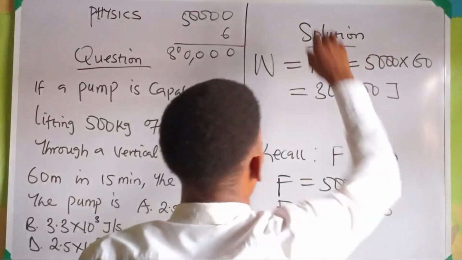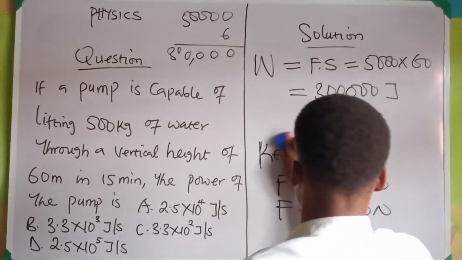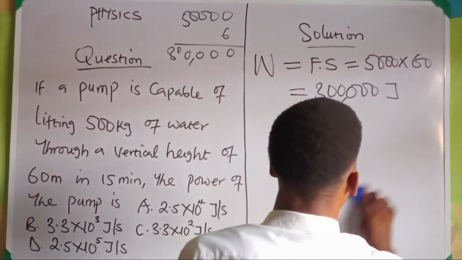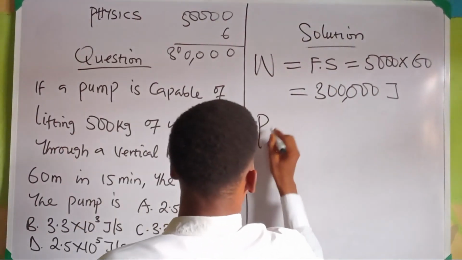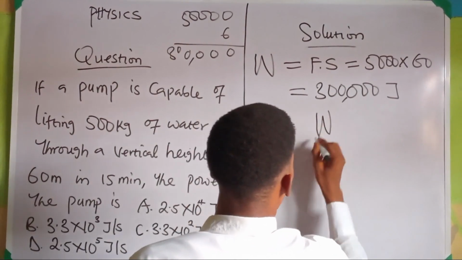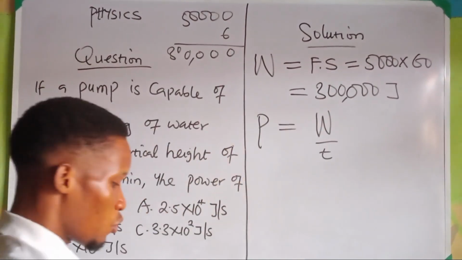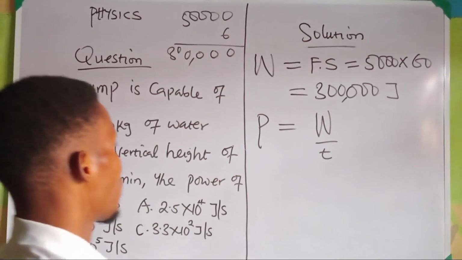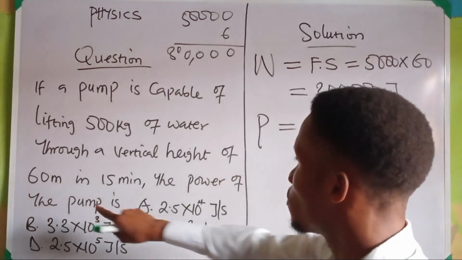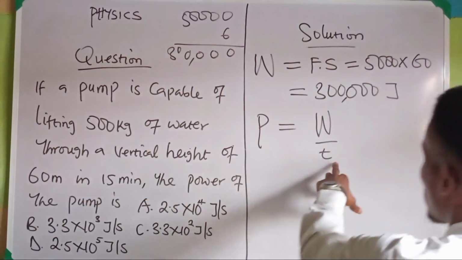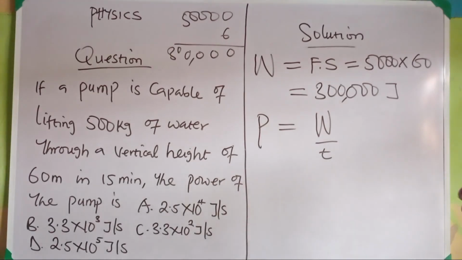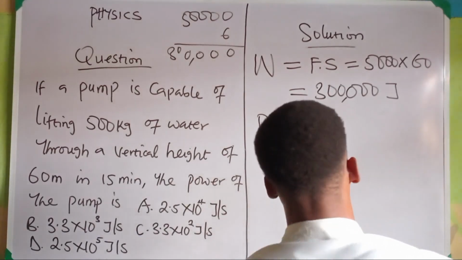After we've gotten our work done, we can now go back to the formula, which states power equals work done per what? Time. Remember, I told you initially when we started that the time here is given in minutes, and we have to convert our time to seconds based on the options that are given here.